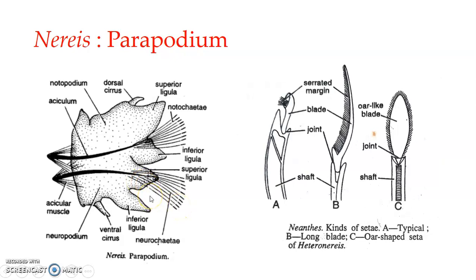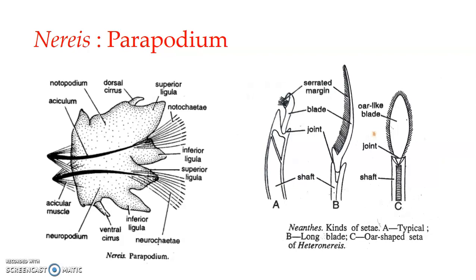And these notosetae and neurosetae project beyond the margin of the parapodium. Each bundle consists of setae, and each seta of the bundle is lodged in a setigerous sac. Setigerous means a setal sac, and it supports the setae.